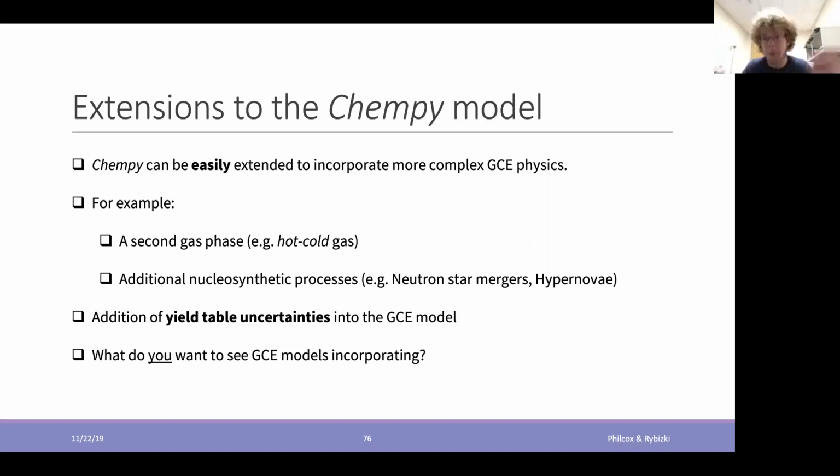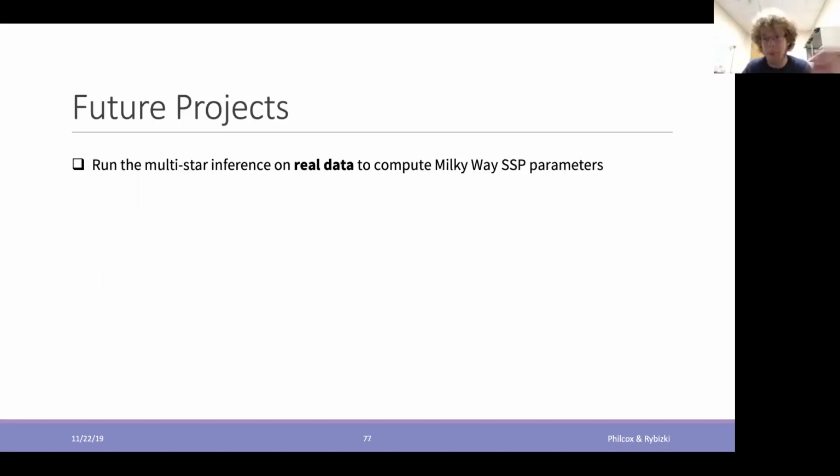All right. Then, future projects that I see that make sense now that we have multi-star inference. I think one good project would be to run this multi-star inference on real data to compute Milky Way simple stellar population parameters. So to infer the Milky Way IMF and the number of supernova type Ia that need to explode. And this might be interesting.